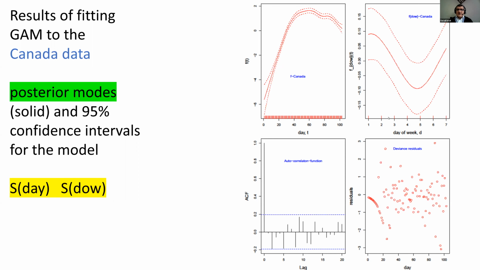And the autocorrelation function, if you look carefully, there is no significant lag, which shows that the model is almost perfect. Also, these deviance residuals are symmetric around the x-axis.